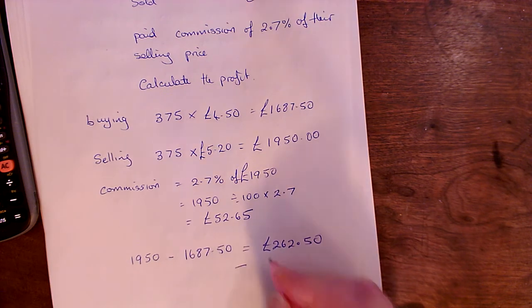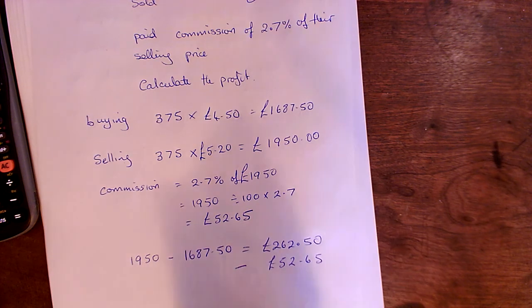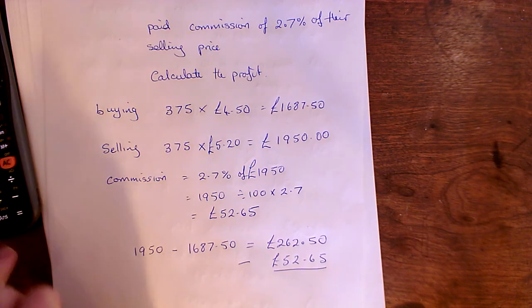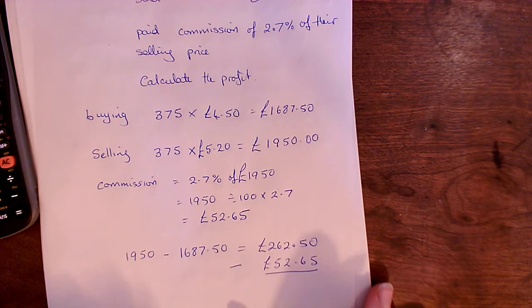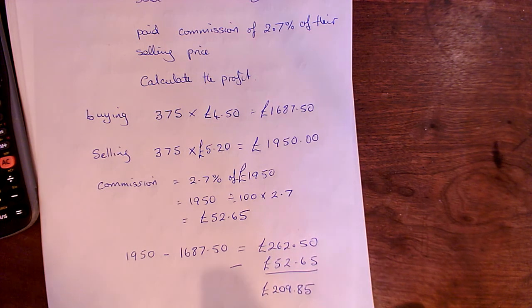But then you have to take away her commission, and that's £52.65. And that gives you £209.85. And that's actually how much money she's made. So that is her profit.